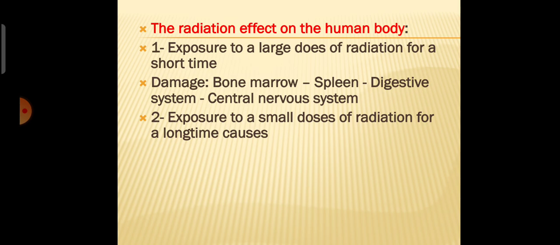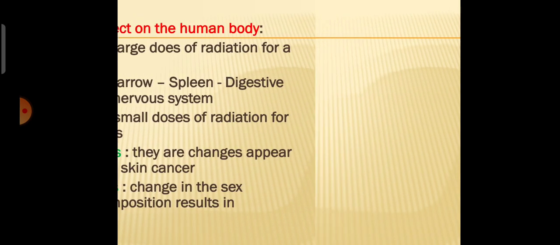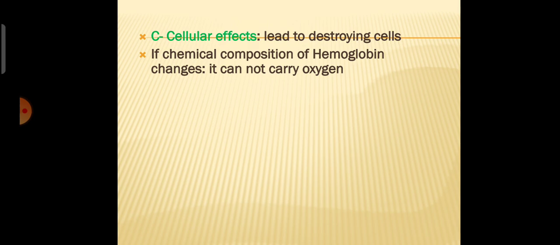But when the body is exposed to small doses of radiation for a long time, it causes physical, genetic, and cellular effects. Physical effects are changes that appear on living beings, such as skin cancer. Genetic effect is a change in the sex chromosome composition that results in abnormal births. Cellular effect leads to destroying the cells. If the chemical composition of hemoglobin changes, it can't carry oxygen.